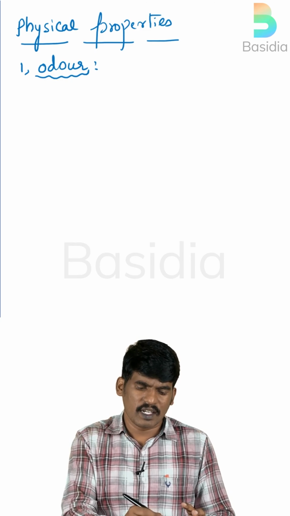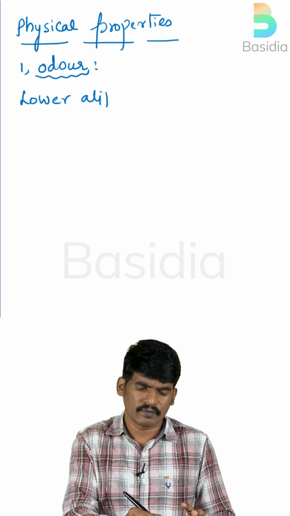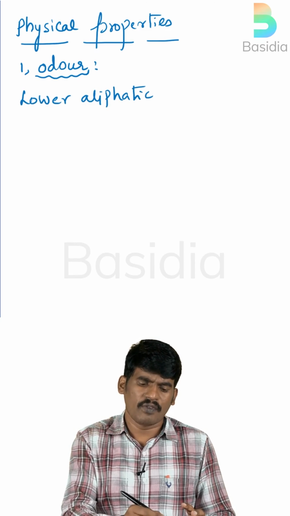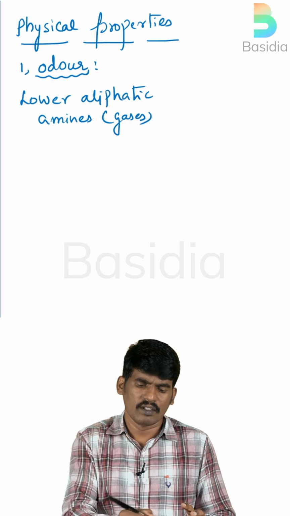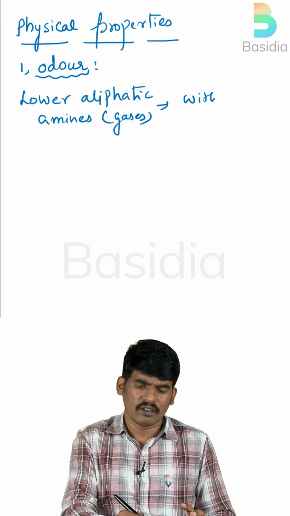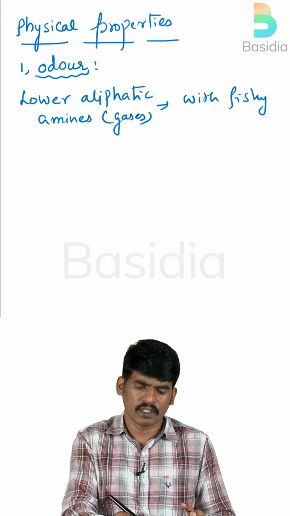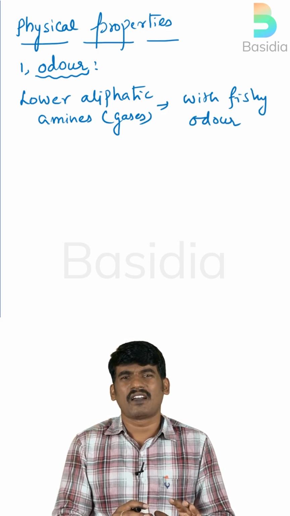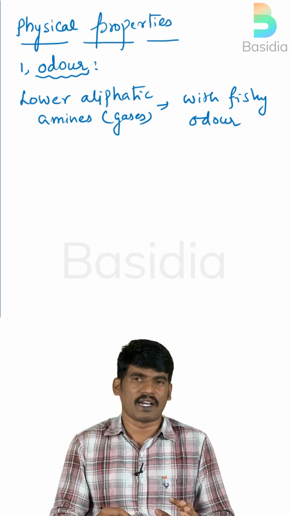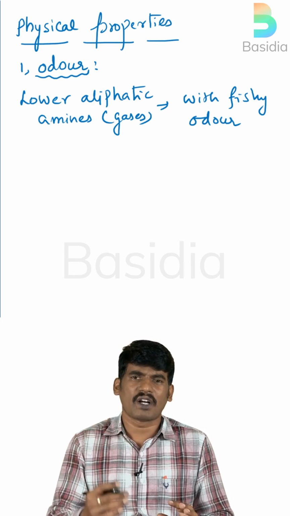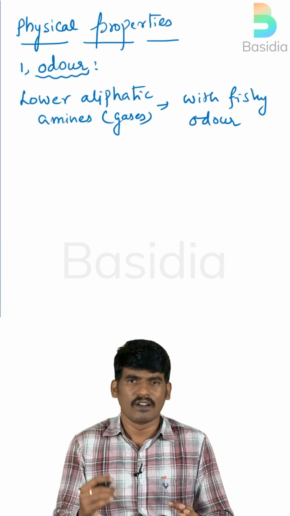Lower aliphatic amines are gases actually, but with a fishy odor. Lower aliphatic amines are pungent, bad-smelling compounds, or you can say a fishy ammoniacal odor. But when the number of carbon atoms increases, that smell goes away.